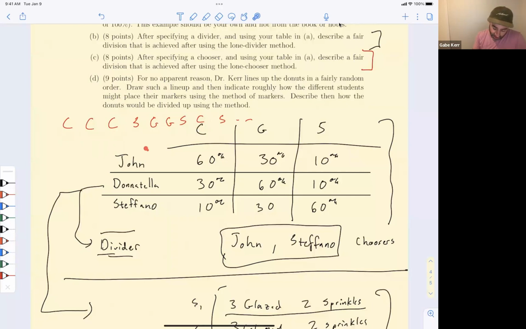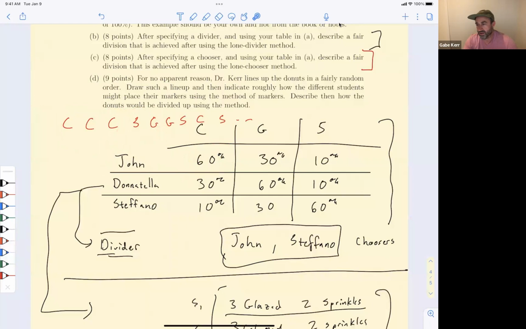But if we're looking at John, where John might put his marker, because he really likes chocolate donuts, he might put his marker here or something, right? Because even though there's only 4 or 5, since he likes chocolate so much, with these 3 donuts that's already 30%. So that's already almost a fair share, so he probably would do something like that.